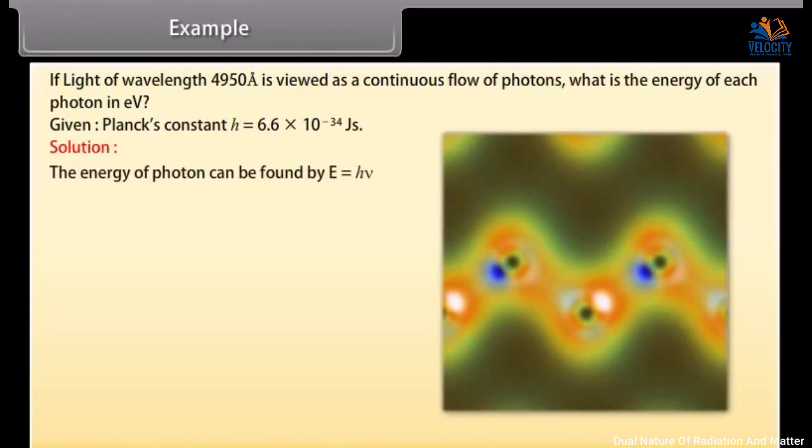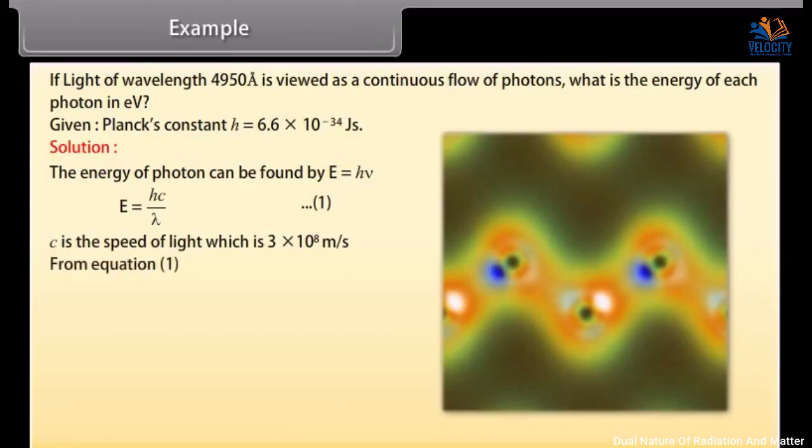Solution. The energy of a photon can be found by E equals hν, so E equals hc/λ. Name it equation 1. c is the speed of light, which is 3 × 10^8 meter per second. From equation 1, E equals 6.6 × 10^-34 × 3 × 10^8 divided by 4950 × 10^-10 joule.